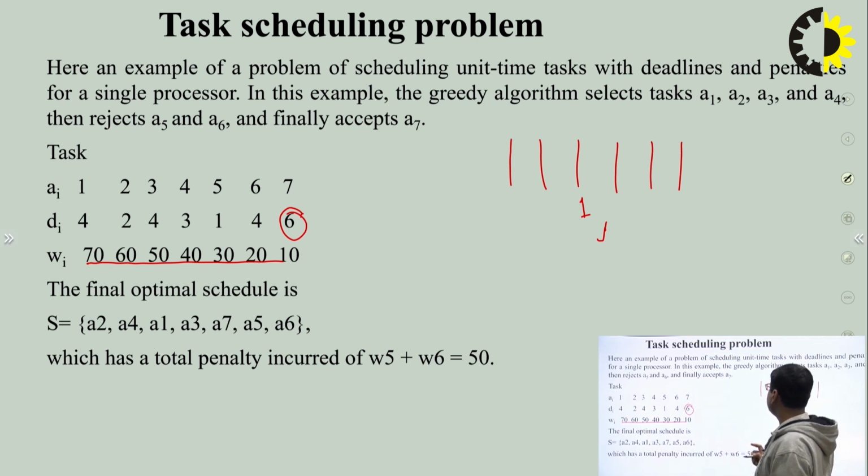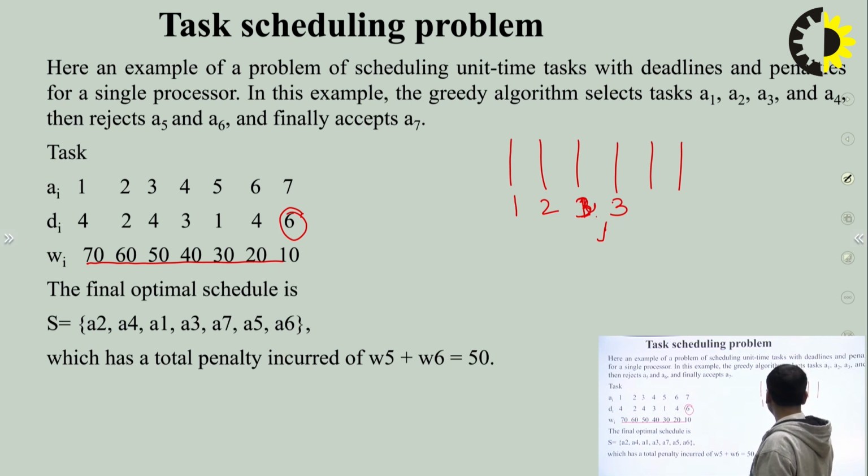The second task is executed at unit time 2. The third task is executed at unit time 4, although it takes 1 time unit. Now the fourth task also has to be executed at unit time 3, so we have to empty this particular slot. So 1 is placed here and 3 is placed there.